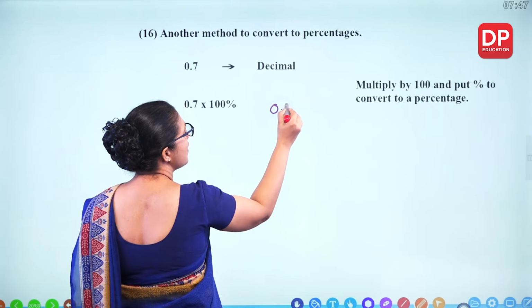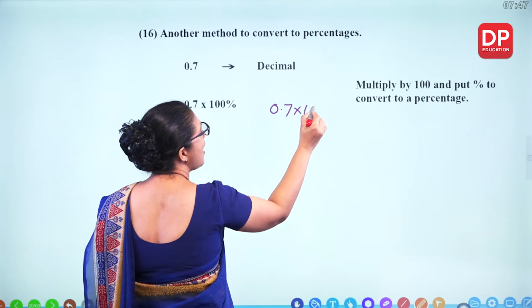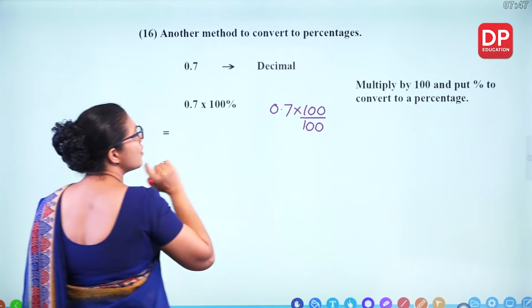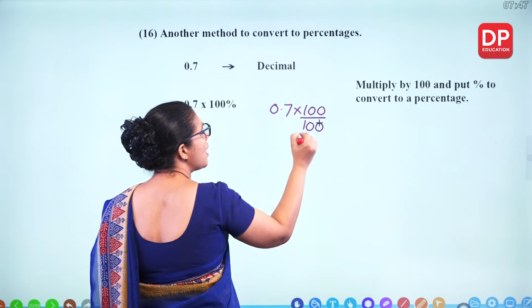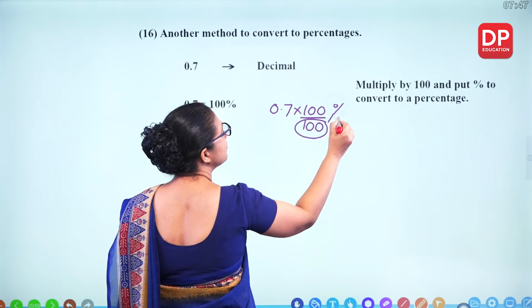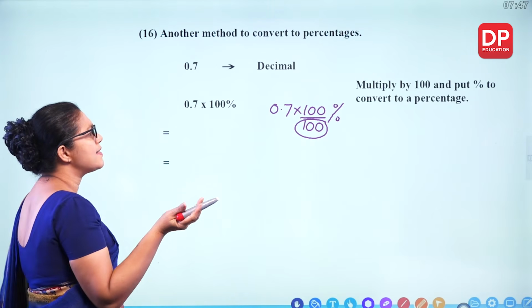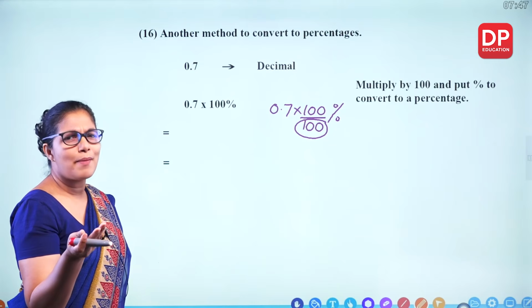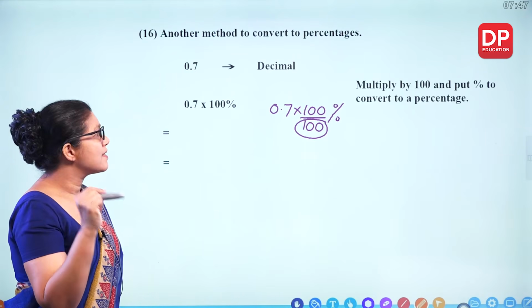So 0.7 you multiply by 100, divide by 100 in order to get no difference, but divide by 100 means percentage sign. So basically what you do, just whatever the decimal you multiply by 100 and put the percentage sign.